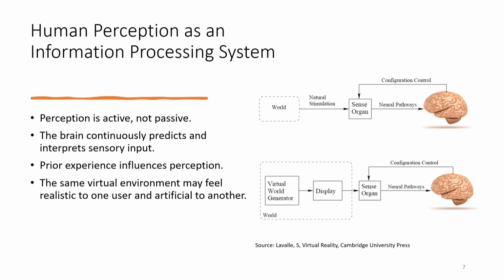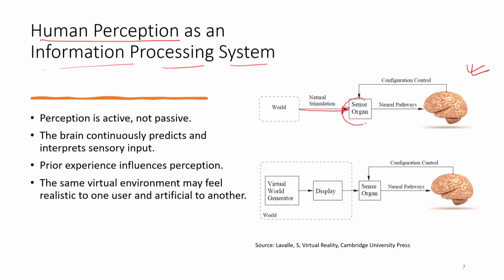We can understand this better by seeing human perception as an information processing system. When we are in the real world, we get natural stimulation from the world.